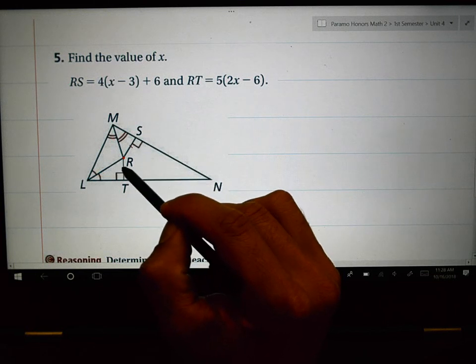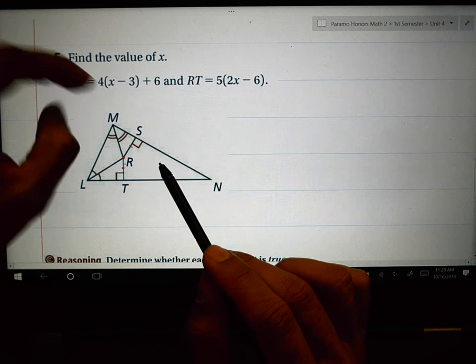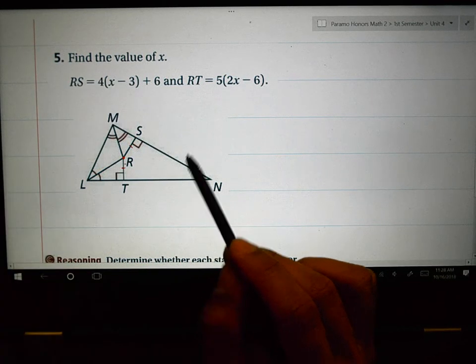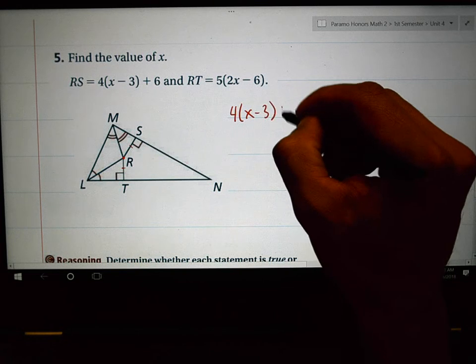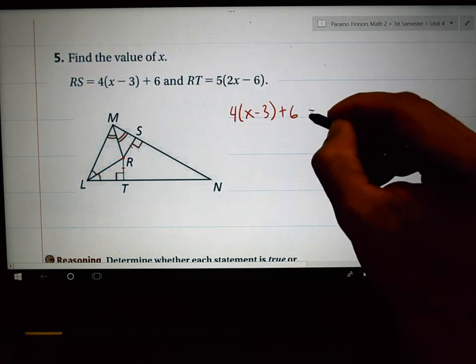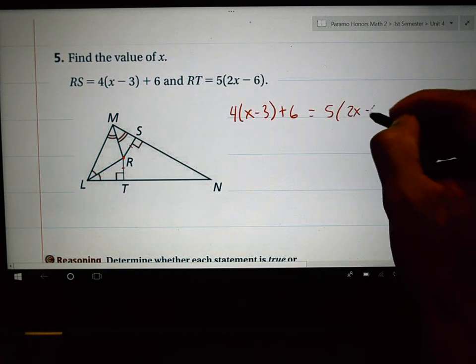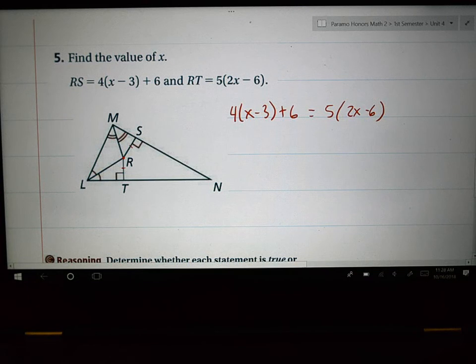These are the same, which means that RS should be the same as RT, and you can take this 4 parenthesis x minus 3 plus 6 should be equal to the 5 parenthesis 2x minus 6. If you solve that, you could figure out what x is. Distribute.